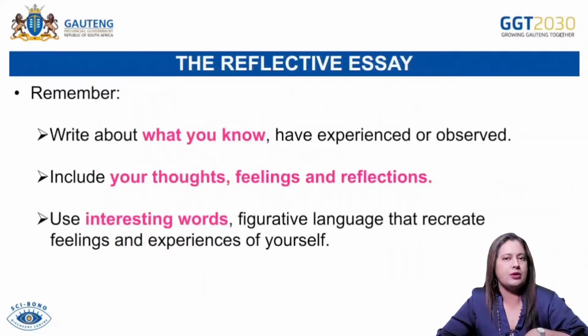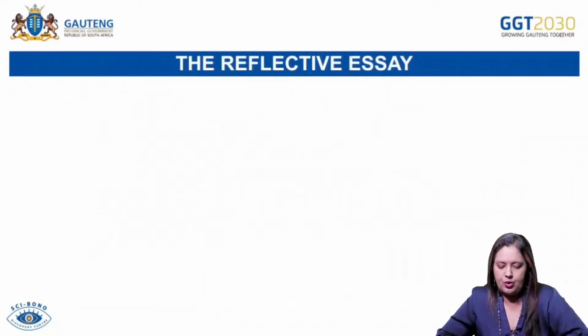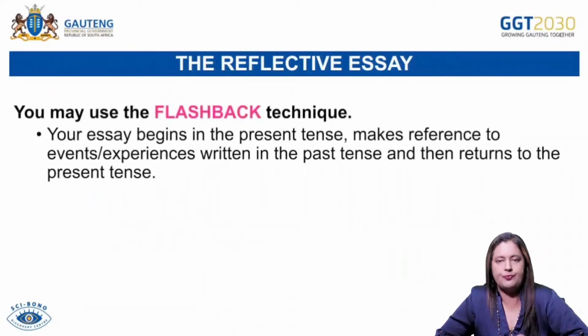Now here you want to write about what you know or you've experienced. You want to include your thoughts and your feelings on that particular topic, and you want to use interesting words. So you're going to make use of possibly figurative language, for example, that will allow us to see or experience the emotions that you have gone through when you were reflecting on an issue.